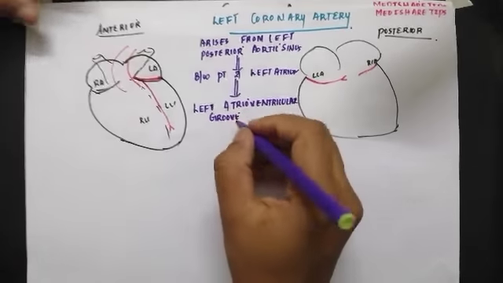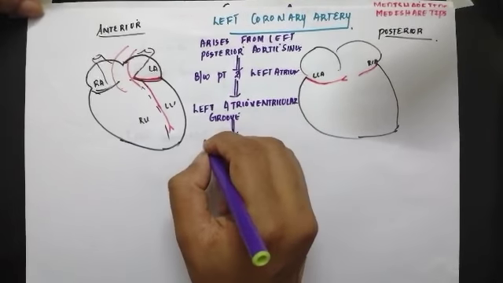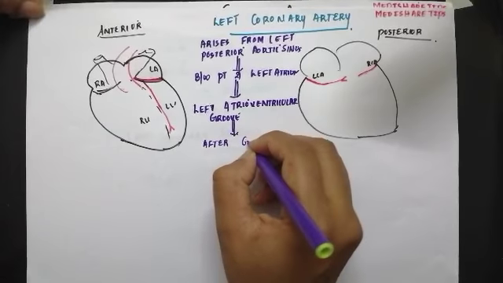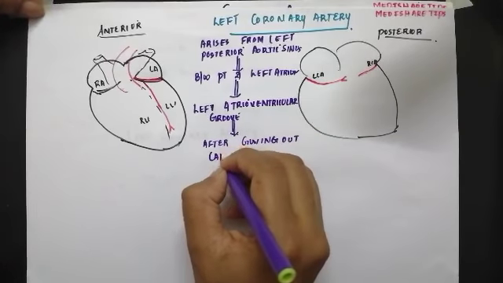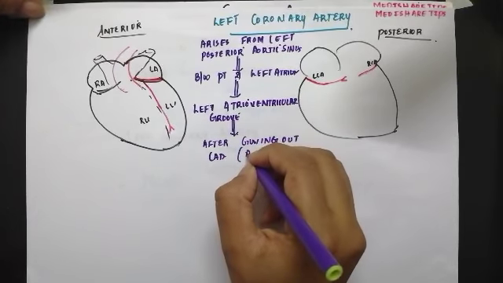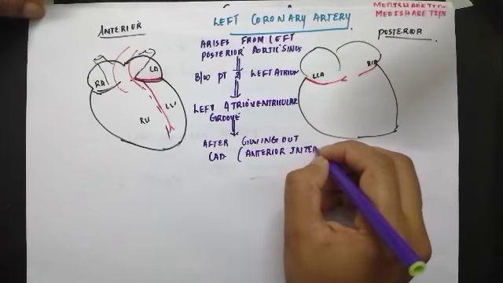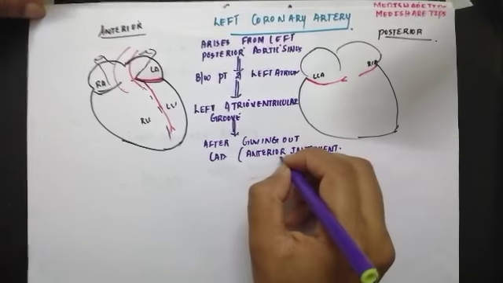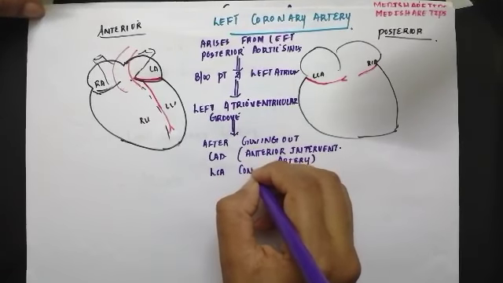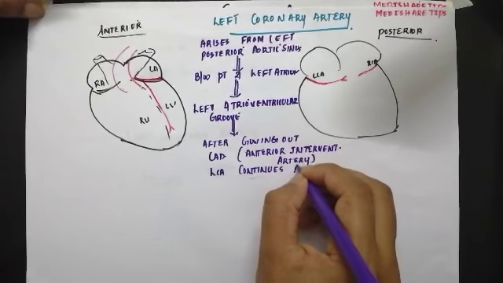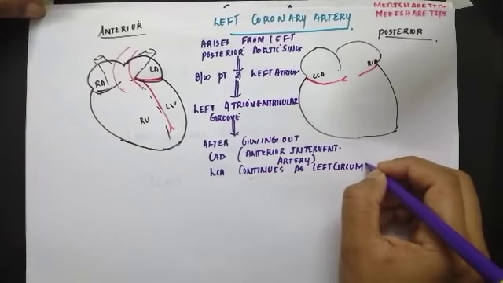So what happens after passing through the left atrioventricular groove, after giving out the LAD, left anterior descending branch or anterior interventricular artery, the left coronary artery continues as the left circumflex artery.